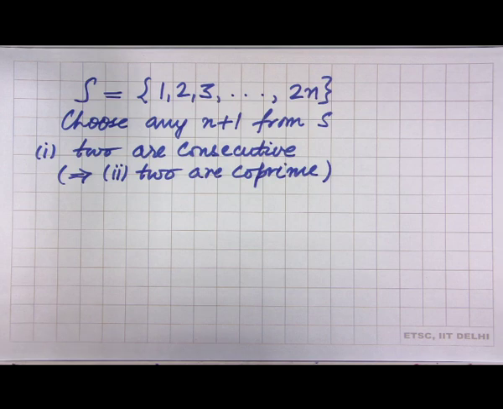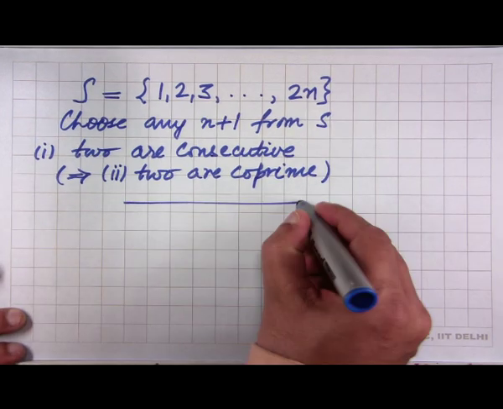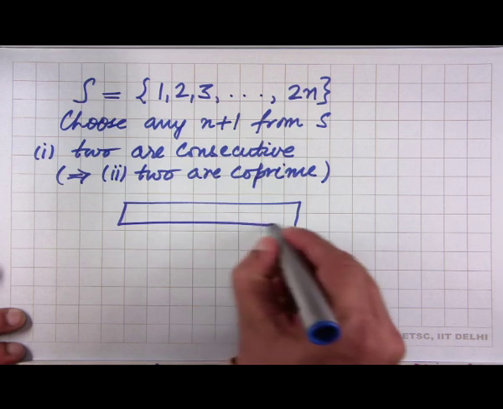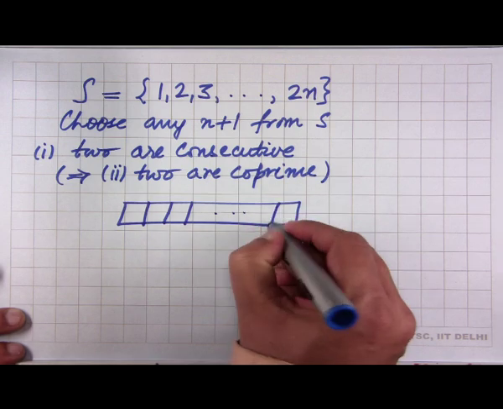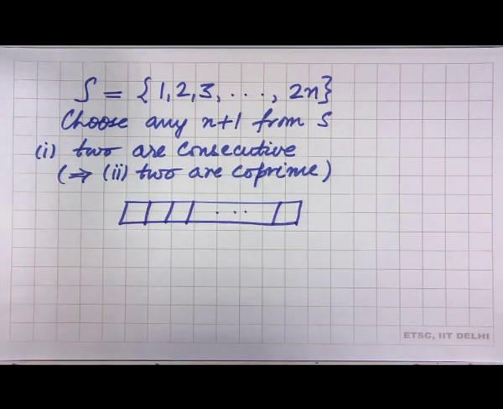All right, so I have to choose n plus 1 numbers from this collection. The hint here is that because it's a pigeonhole principle problem, I don't have to worry about the method of attack. I have to somehow construct n letter boxes. Two are consecutive defines itself.